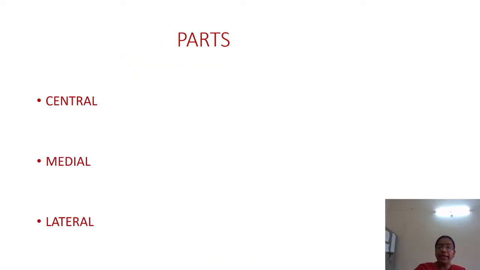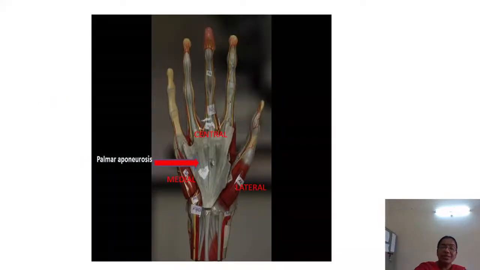If you go in depth into the palmar aponeurosis, it consists of three parts: central, medial and lateral parts. This is the central part, this is the medial part, and this is the lateral part of the palmar aponeurosis. The central part is very thick, unlike the medial and lateral parts.